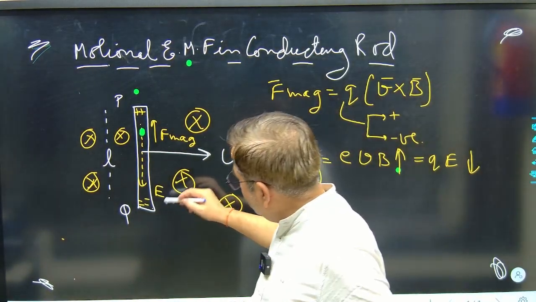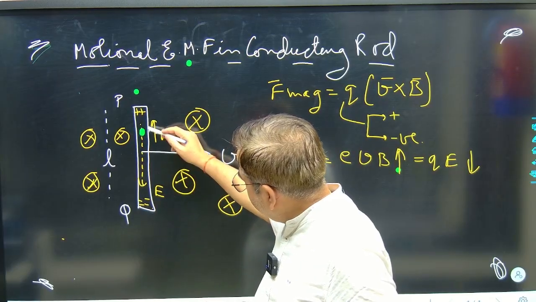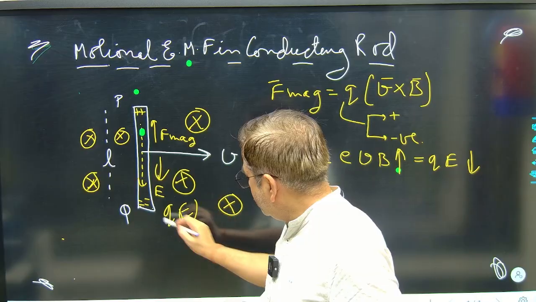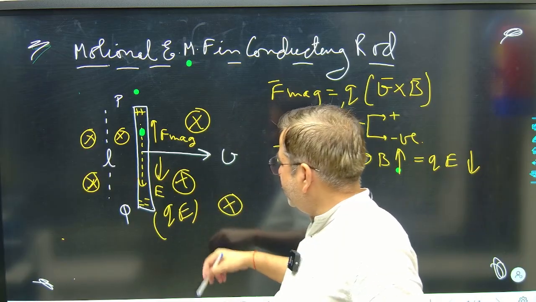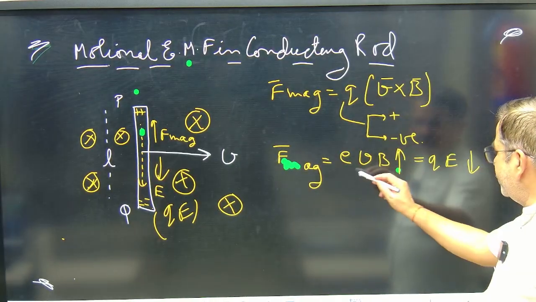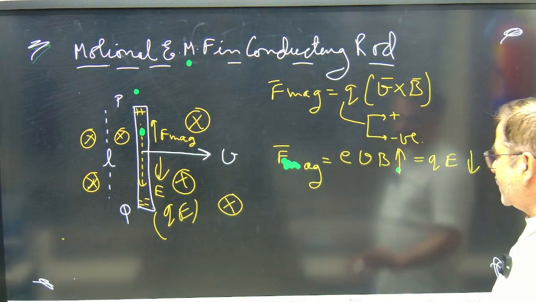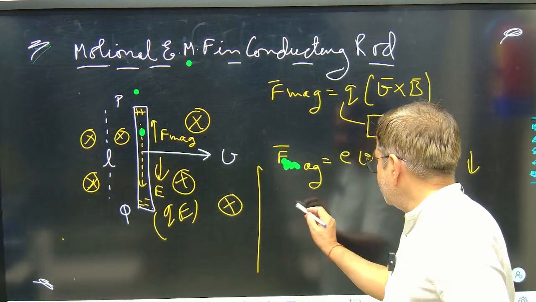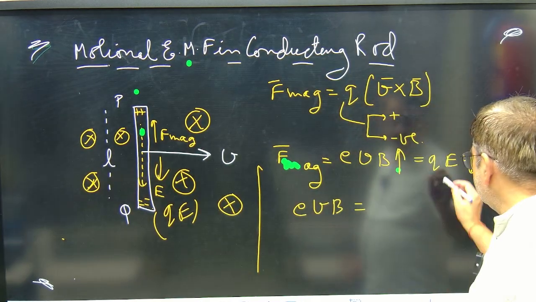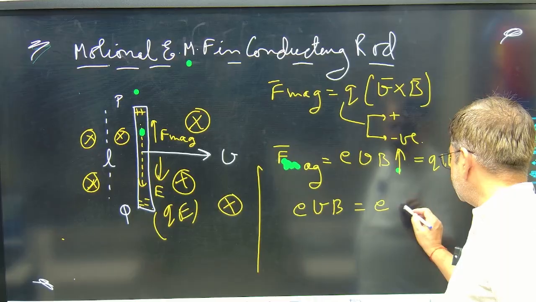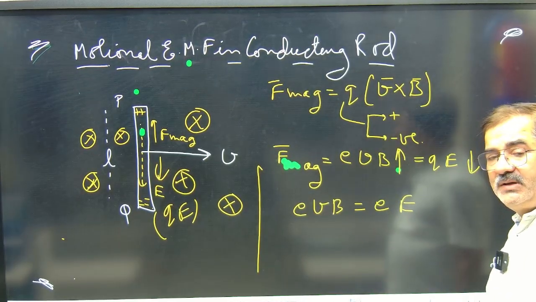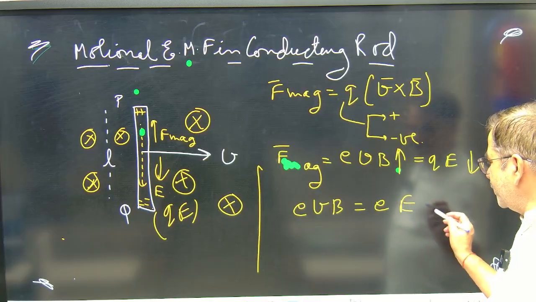So this electric field, if I say the electric field is in the downward direction, so qE, force on the positive charge, will be downward. The stage will happen when these two forces can balance. So I will say e into V into B is equal to e into E. Capital E is for the field and small e is for the charge, either for positive or negative charges.